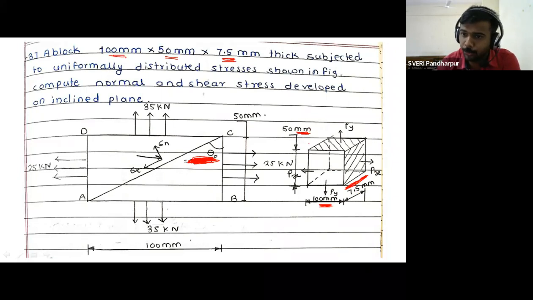Okay, the distribution of force you can see: this is the Px and this is the Py, and on its left side another figure is given. So tell me, from the three-dimensional body, which section have they considered? See which figure they have drawn: 25 kilonewton along the x axis and 35 kilonewton along the y axis, and which areas they have considered.